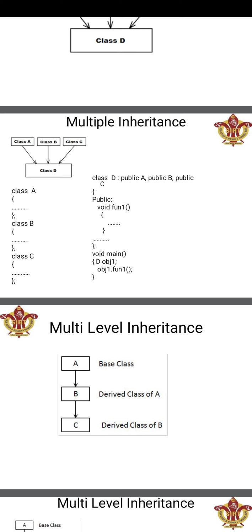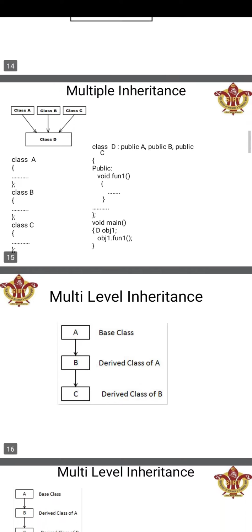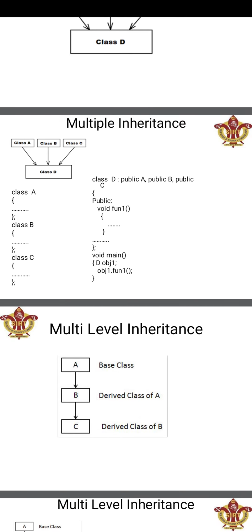It means, suppose in class A I have one variable in the private section, one variable in the protected section, and one function in the public section. Again I will repeat, in class A, suppose I have one variable in the private section, one variable in the protected section, and one function in the public section. And the same is the case with class B and C also.